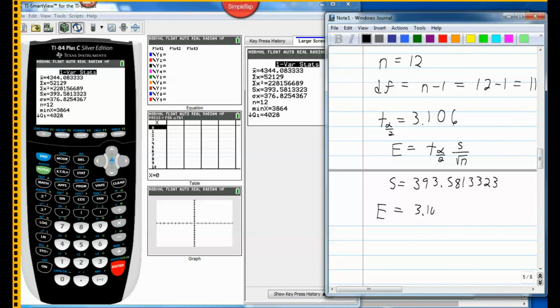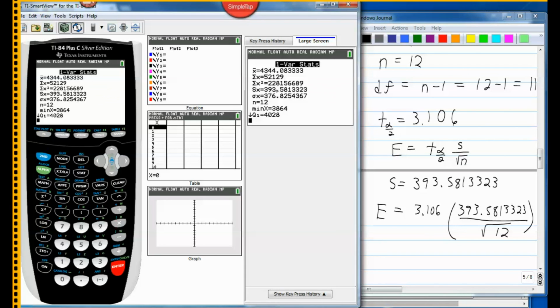All right, and so now I can calculate my margin of error. That's going to be 3.106 times 393.5813323 divided by the square root of, what was n? 12. Okay, so let me go back to my simpler calculator.